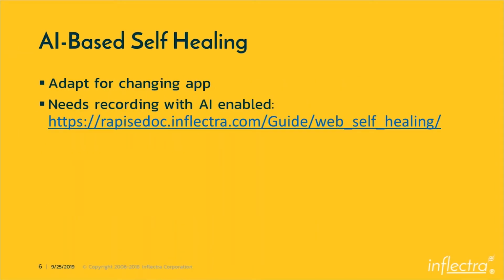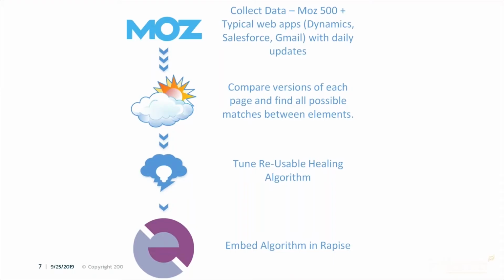So the first feature is self-healing in Rapise. We call it sometimes AI-based, sometimes just self-healing. This is because of a long story behind how this feature was introduced. We did major research.